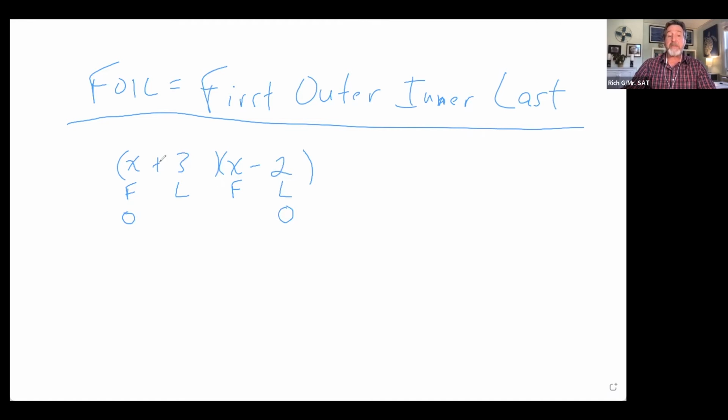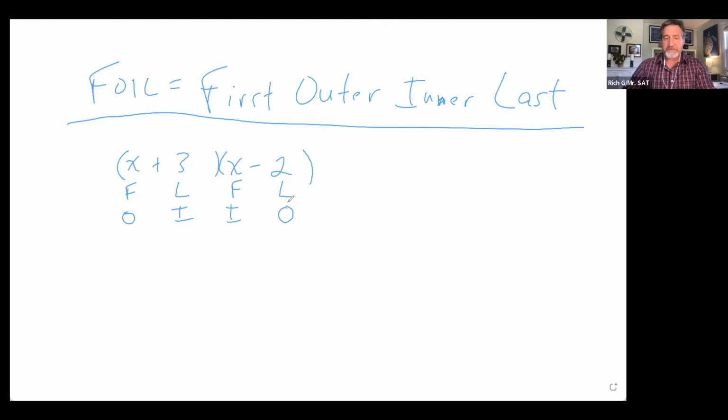The 3 is the last of this parentheses, but it's on the inside of the whole parentheses, and so is the X. So every number has 2 designations. X is first and outer, 3 is last and inner. This X is first and inner, and this 2 is last and outer.